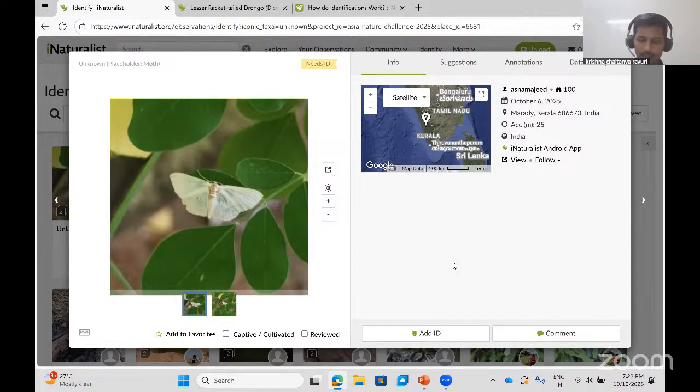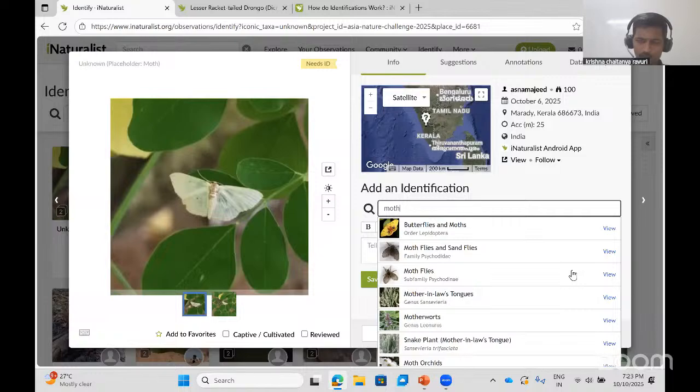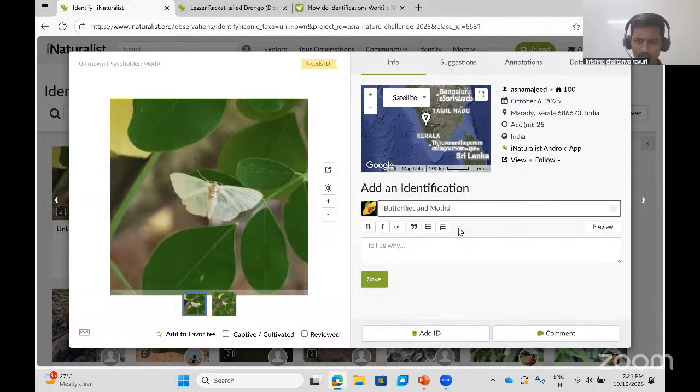Yeah, here I'll try to see if there is an observation with a placeholder, so I can explain that better. But here, definitely this is some species of moth, and this is order Lepidoptera, which is the higher level taxon for all butterflies and moths.